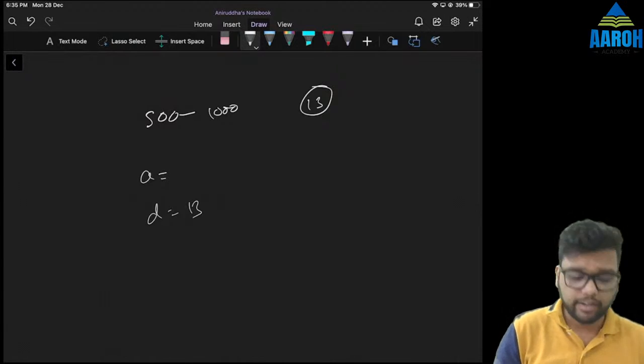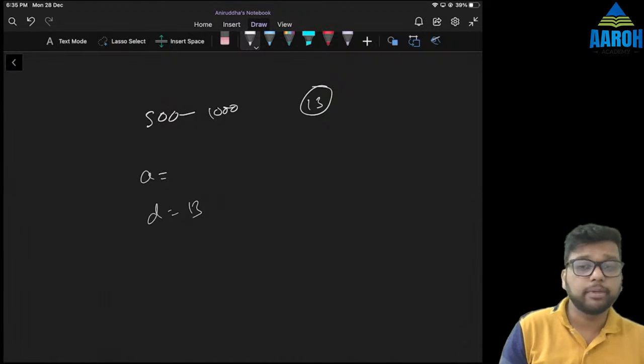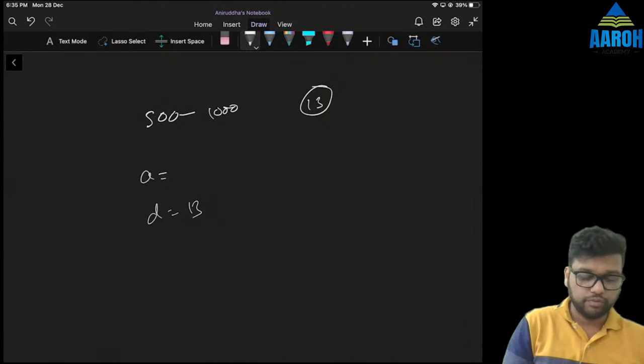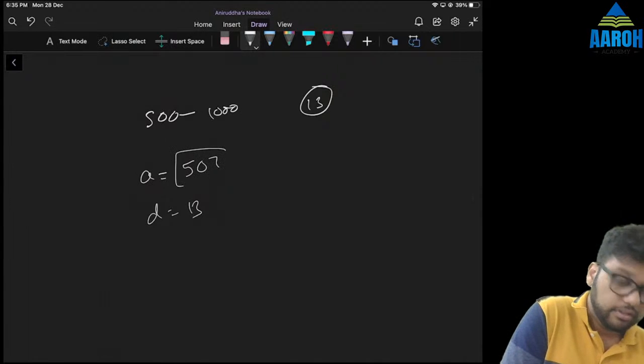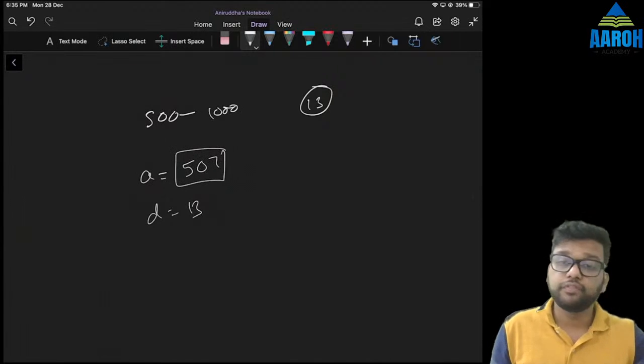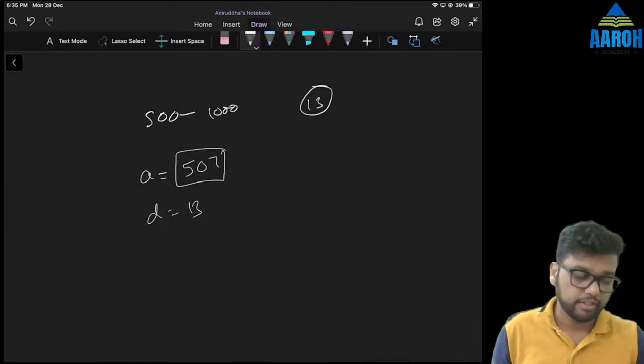So this is trial and error. 501 divided by 13, no. 505, no. 510, no. It will be 508, I guess. No, 507. Correct. 507 is the first number which is divisible by 13.